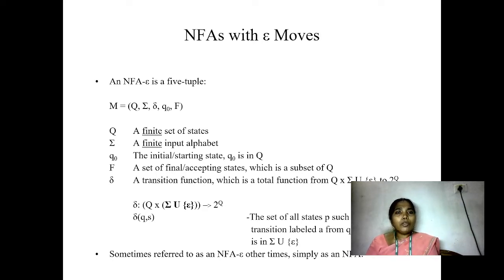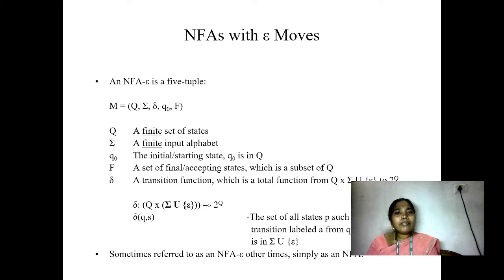So your NFA with epsilon moves is an NFA with 5 tuples where Q is a set of finite states, sigma is the input alphabet along with epsilon, and as usual Q naught is your initial or starting state and F is the set of final or accepting states. There can be more than one final state, but it should be a subset of Q.